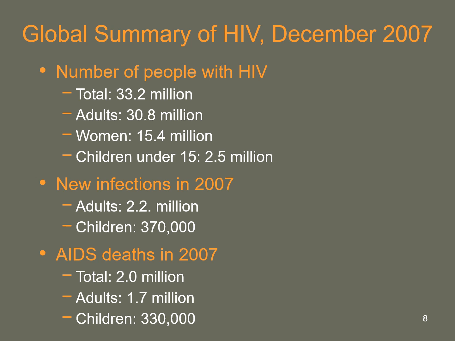New infections in 2007: adults 2.2 million, children 370,000. AIDS deaths recorded, people who died by 2007, total 2 million: adults 1.7 million and children 330,000.